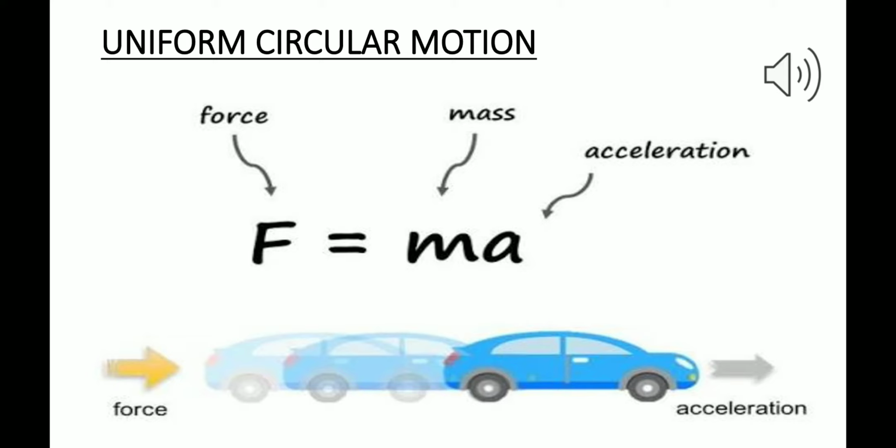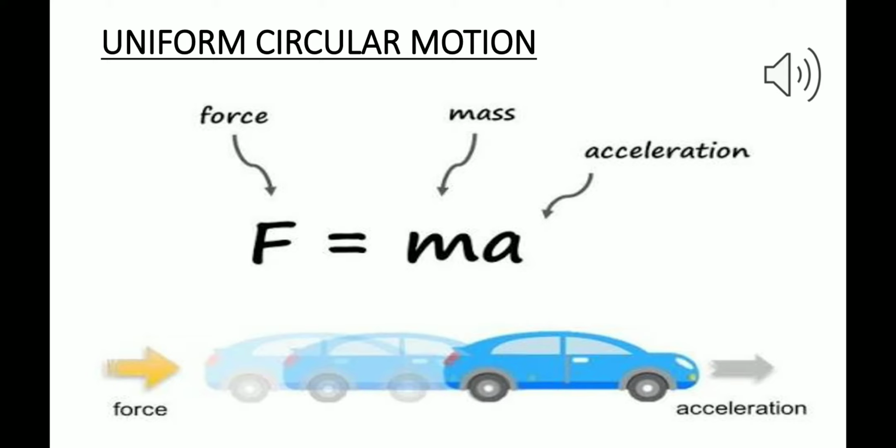Now, we have also studied that force is needed to change the velocity or direction of motion of a particle to produce acceleration. Acceleration can't be produced on its own. There has to be some force which changes the velocity or the direction of the moving body.